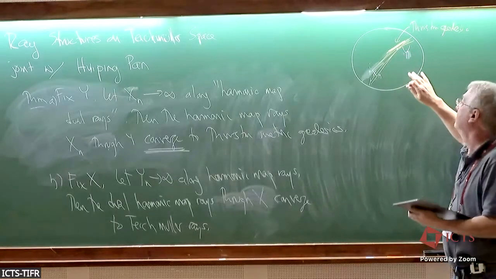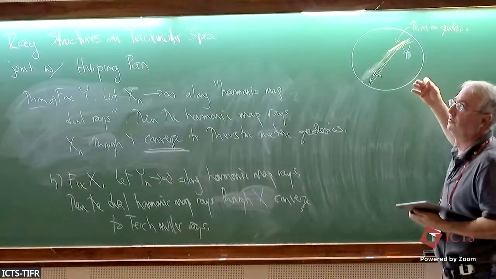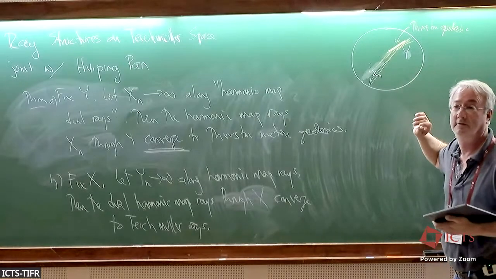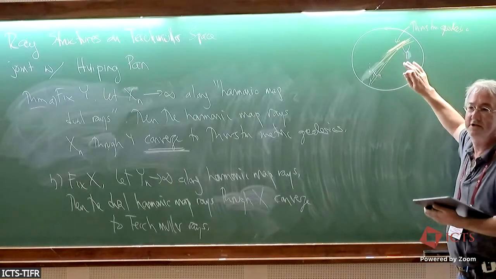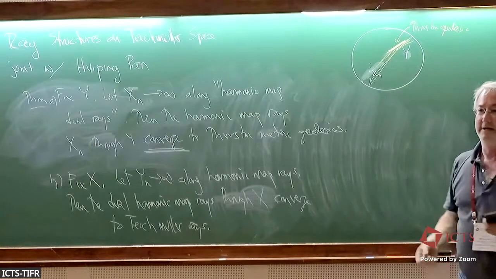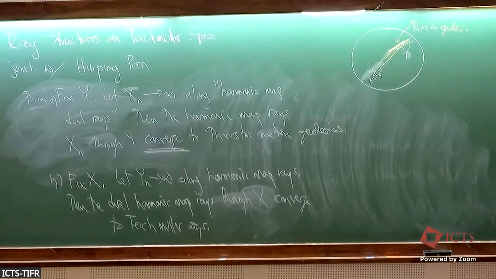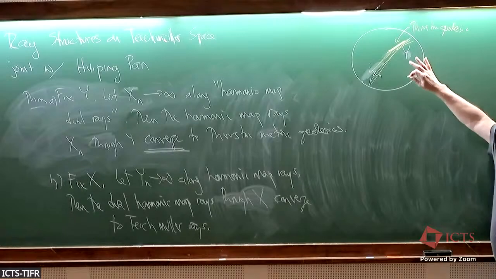And I will assert later that the sort of uniqueness that gets achieved this way in the Thurston metrics setting is useful. No, this is real analytic convergence. Okay, so that's this setting.